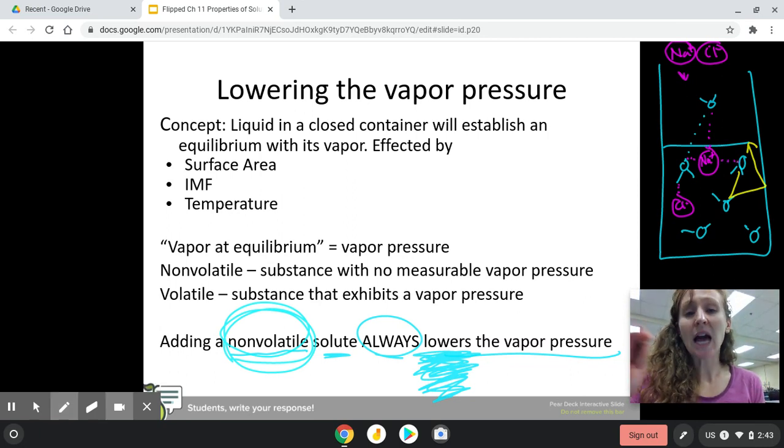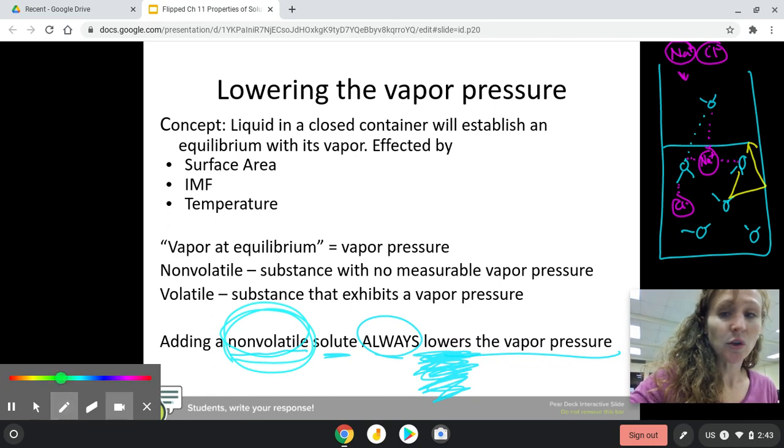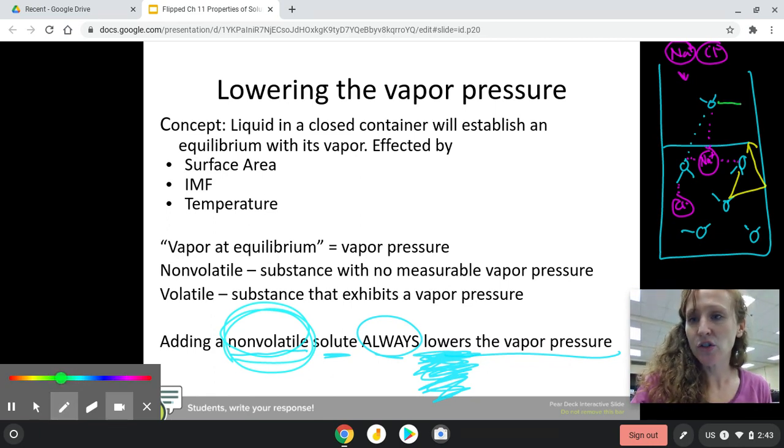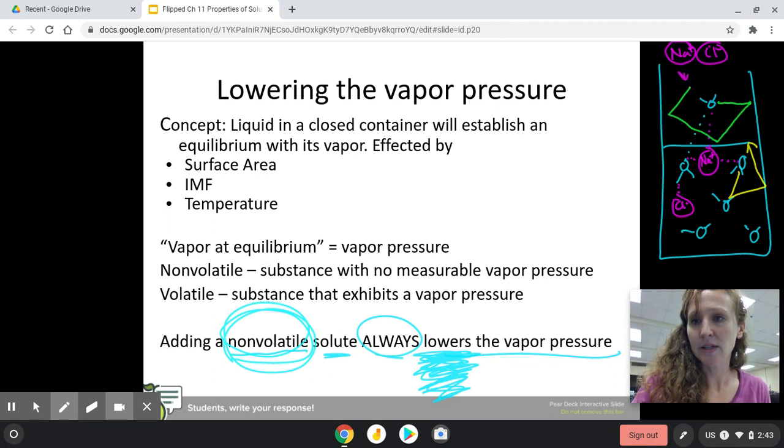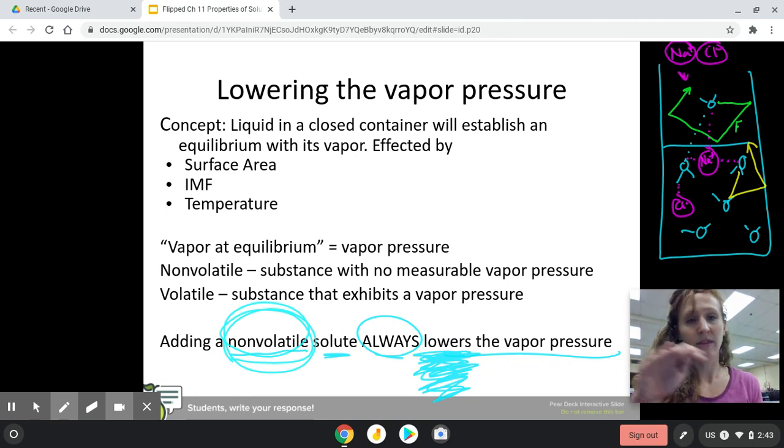And so if fewer molecules can escape, then all of a sudden you have fewer molecules striking the side of the container, striking the surface, bouncing around, and causing that force on the surface area, which is what we call pressure.